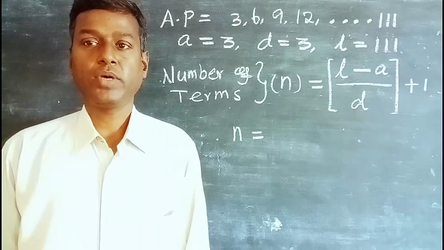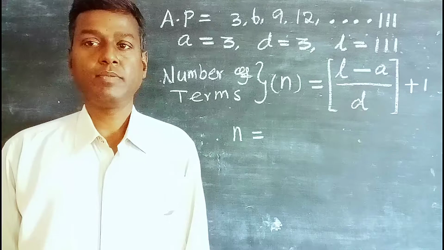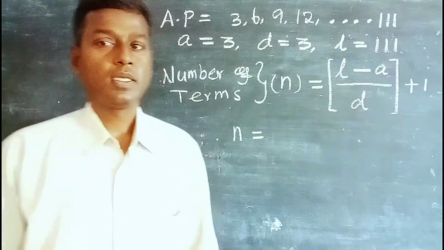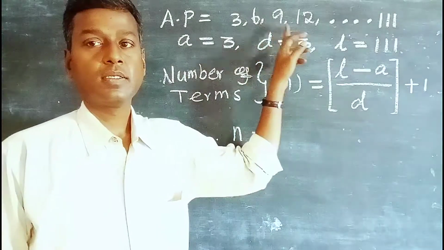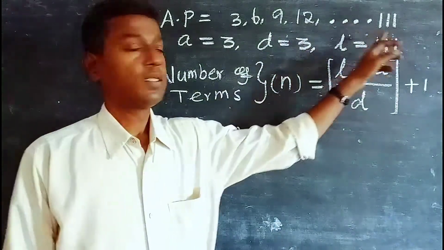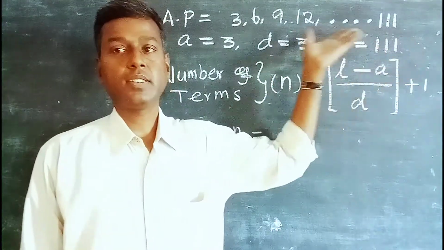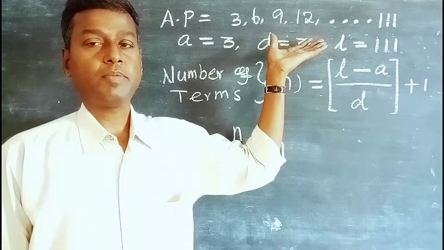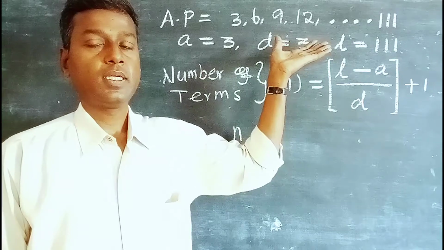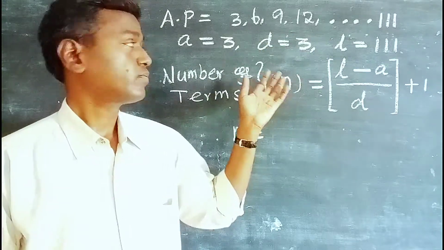Now we are going to find the number of terms in the given arithmetic progression 3, 6, 9, 12, and the last term is 111. This is the given arithmetic progression, and we are finding the number of terms.